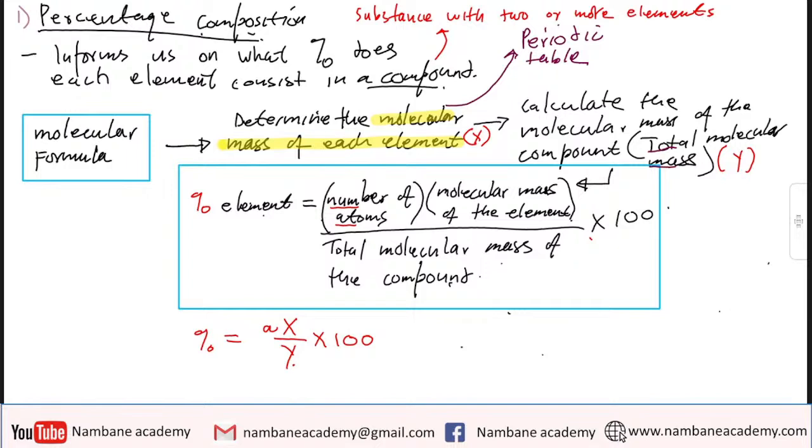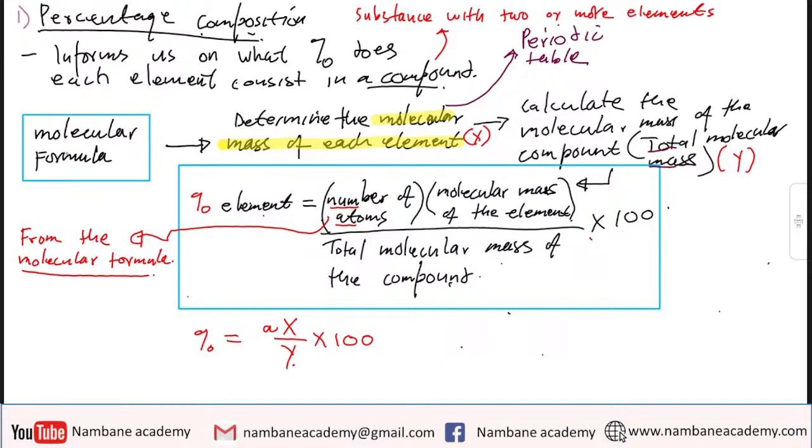Okay. The number of atoms, let me emphasize it here. In this instance, we get it now from the molecular formula. So this will come now from the molecular formula.